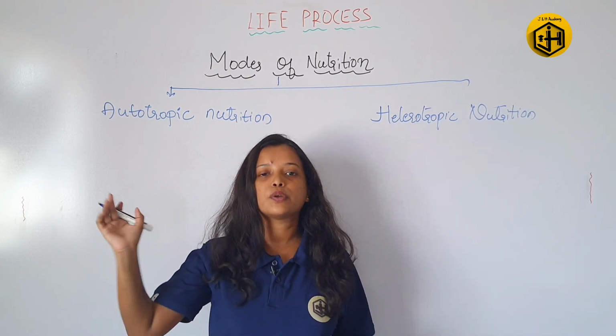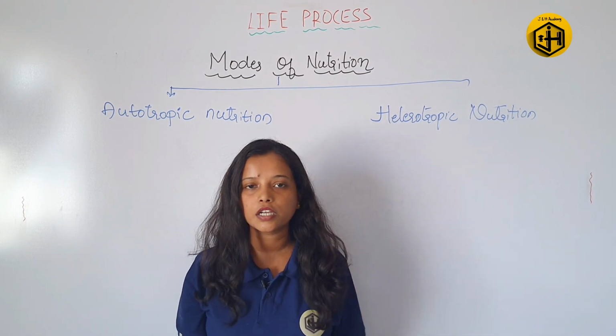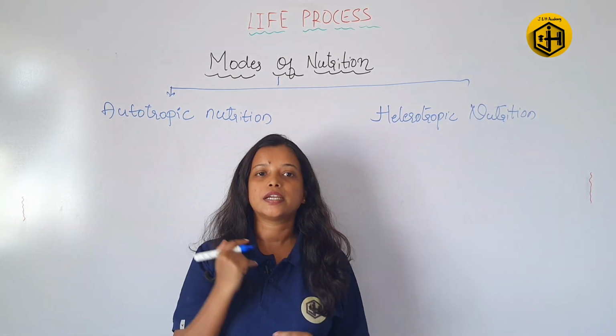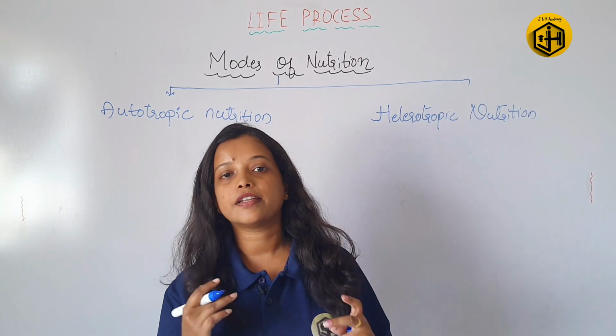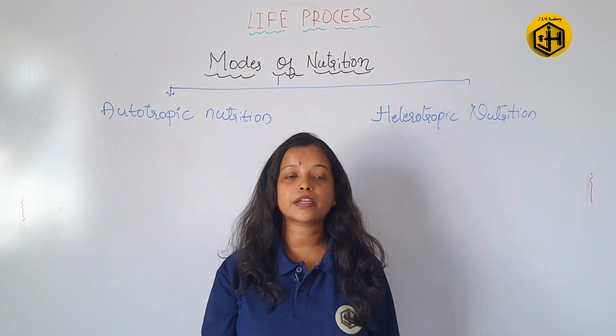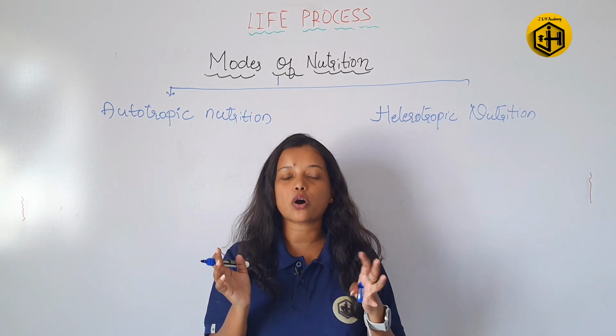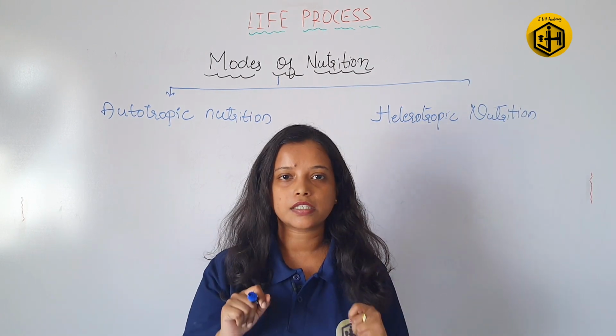Such a mode of nutrition is autotrophic nutrition. So how will you define autotrophic nutrition? It is a mode of nutrition in which organisms prepare their own food using what? Using inorganic chemicals. Is that clear?